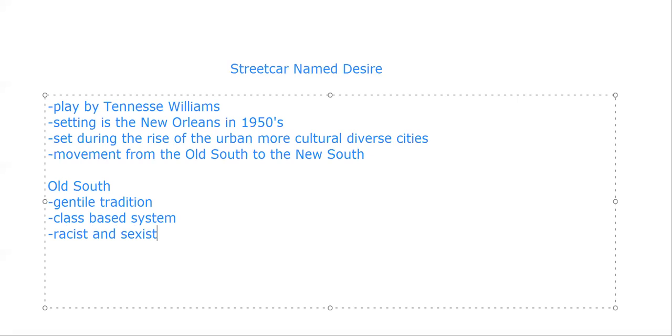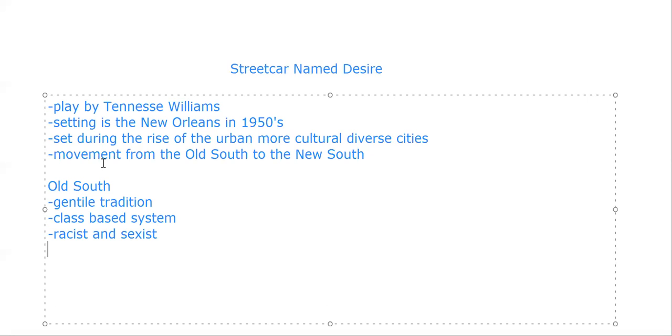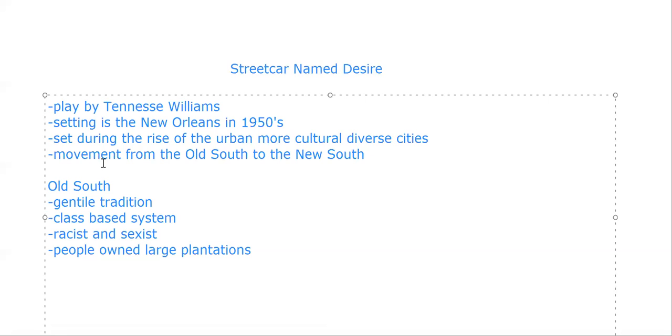It is a society that celebrated and used slavery in order to achieve its wealth. It's a sexist society because women were given very specific roles that they had to maintain, and any deviation from those roles would be considered punishable in society, right? It is an idea of people owning large plantations to get money. It was this idea of an aristocracy.